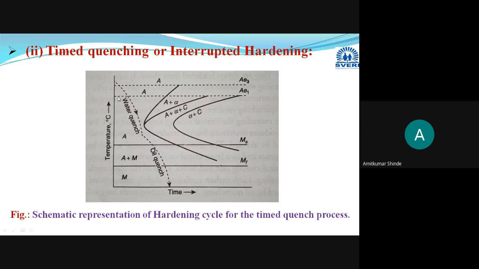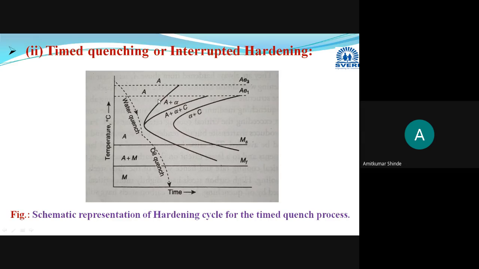At the end you will end up with martensite. Austenite will be there, and this austenite will get transformed to martensite, and during this we use two different cooling mediums. Initially the faster water medium is used, and when the temperature reaches just below this nose temperature, we change the cooling medium to either oil or air.